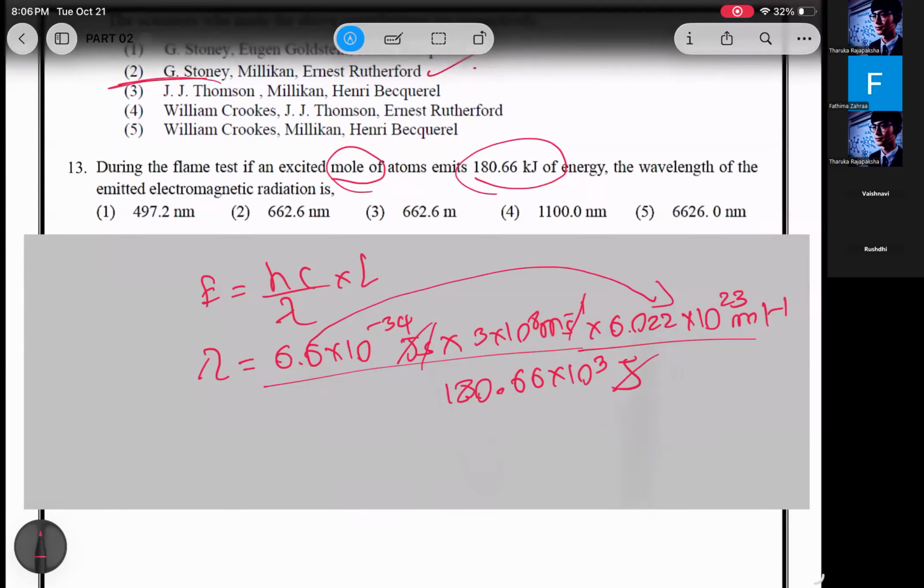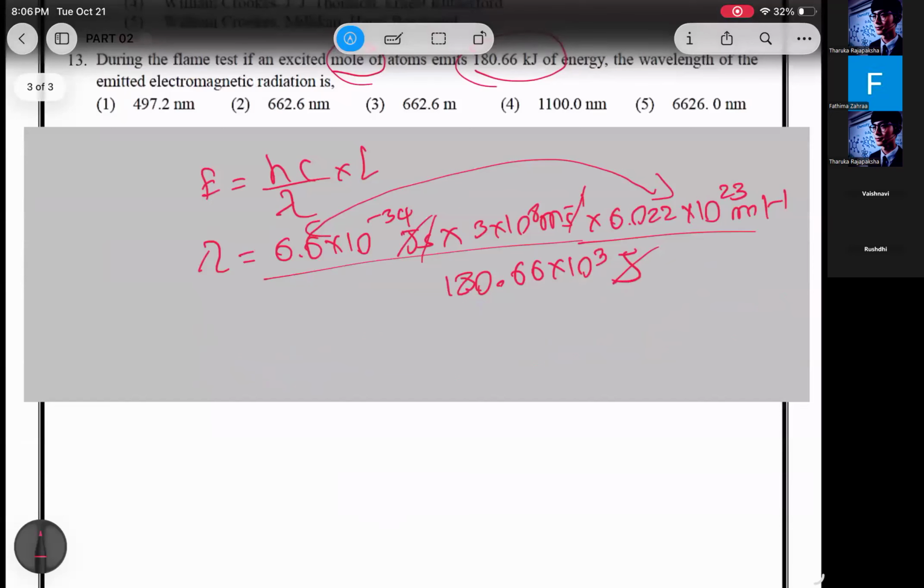This one multiplied by this one, I told you it's approximately equal to 40, I said that in class. Approximately 40. This one cancels off and becomes 10 to the power minus 11.